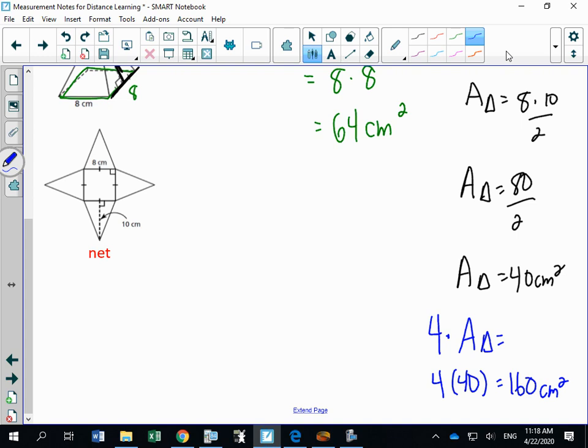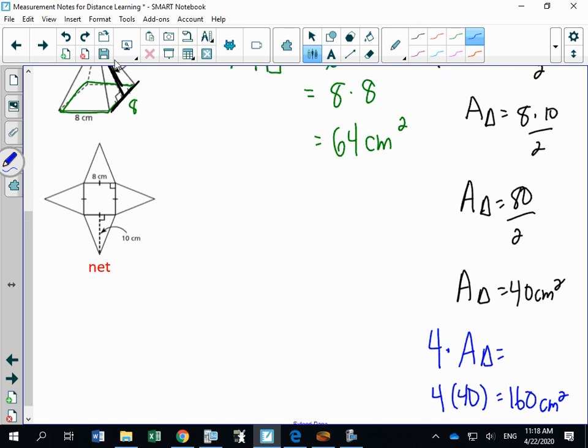Now, if I said, okay, well, what's the surface area of this object? I'm hoping that you would see and say you need to take the base and add it to those 4 triangles. So the surface area of this object is the base plus those 4 triangles.